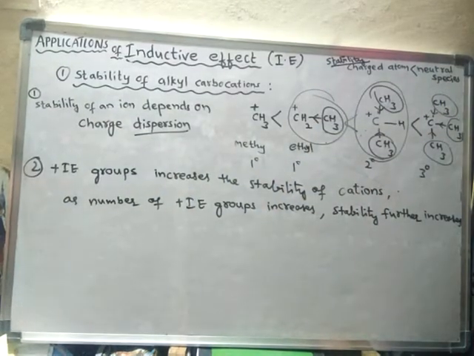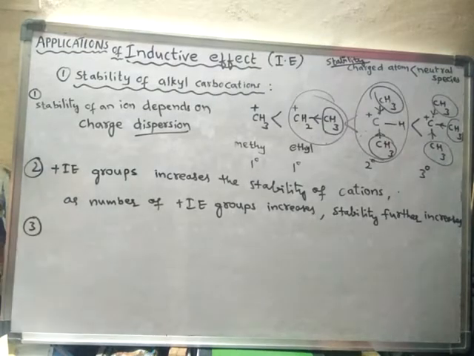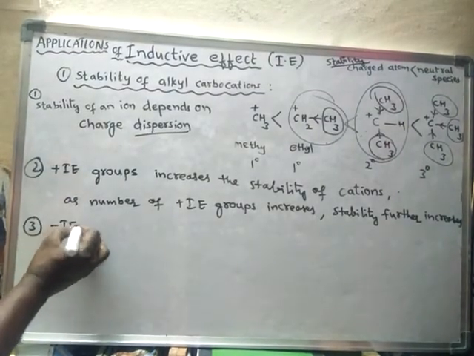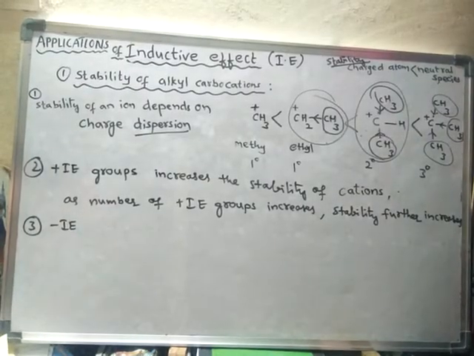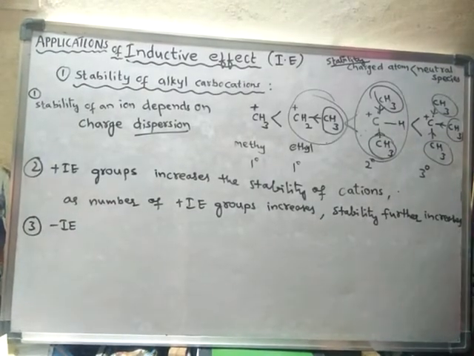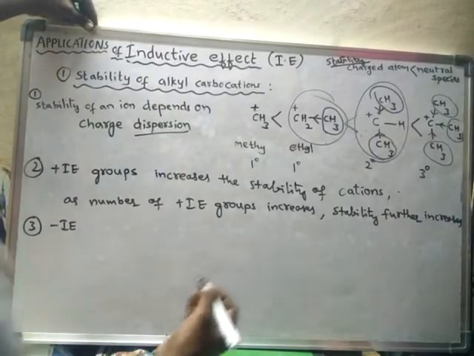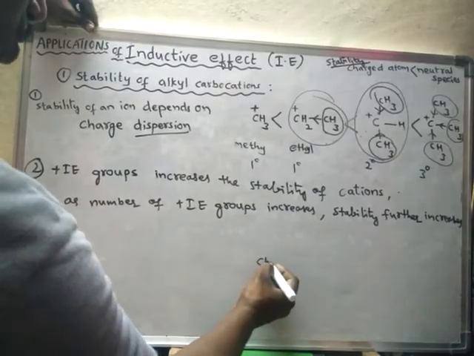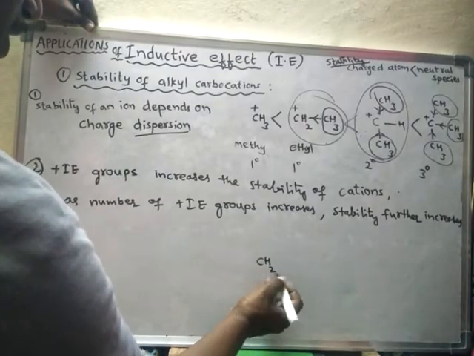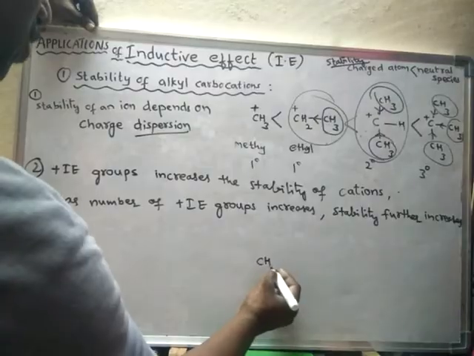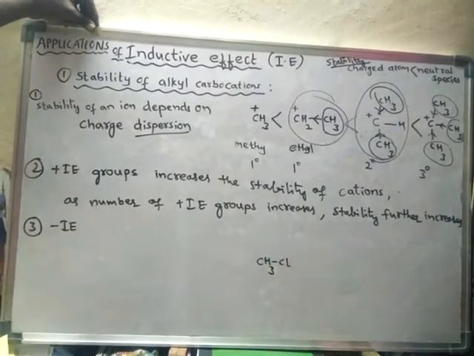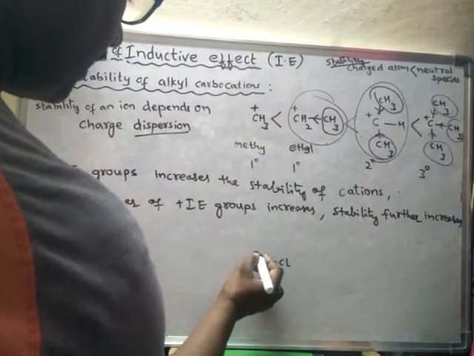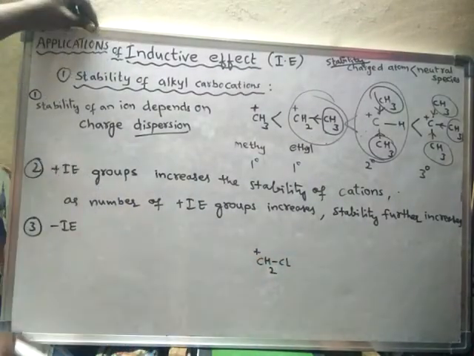Okay, now next, suppose minus IE groups are there. If minus IE groups are attached, they decrease the stability of cation. For example, let us assume CH2Cl, this is a cation.